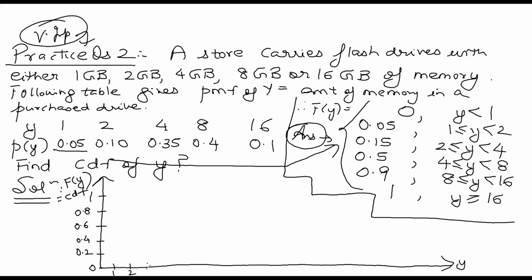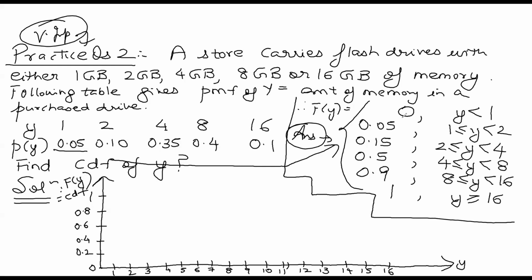1, 2, 3, 4, 5, 6, 7, 8, 9, 10, 11. Okay. Now we can plot it. For y less than 1, f of y is 0.